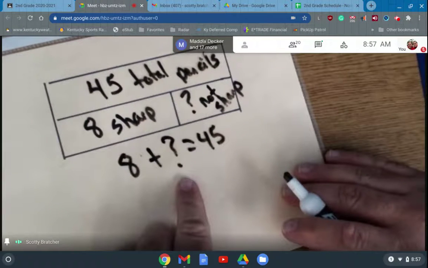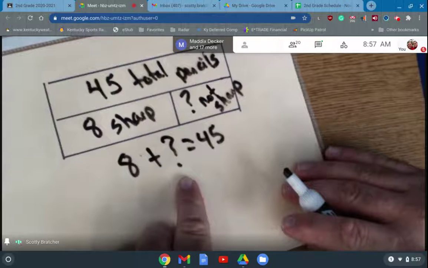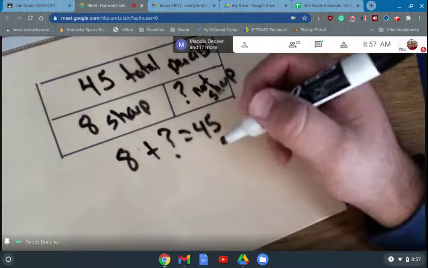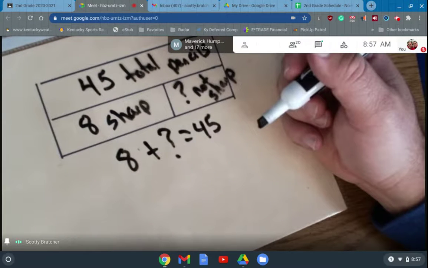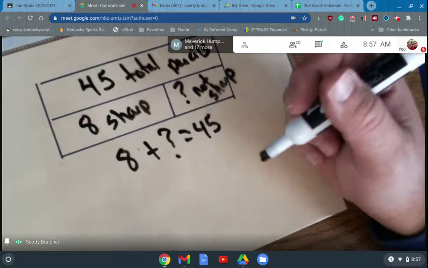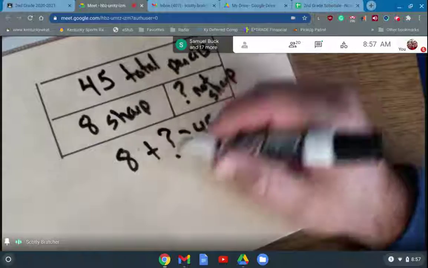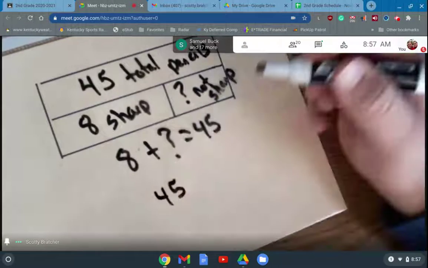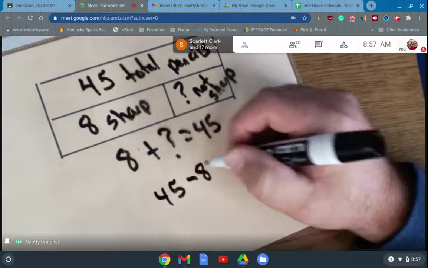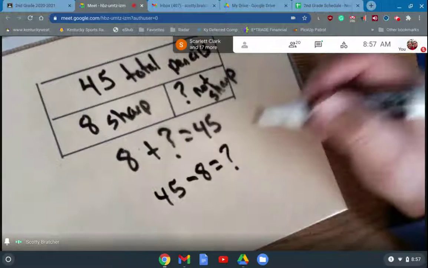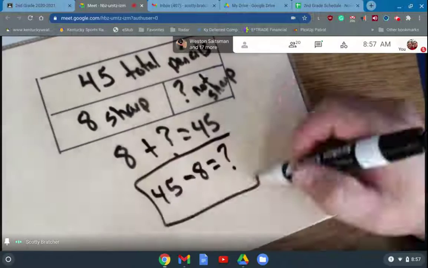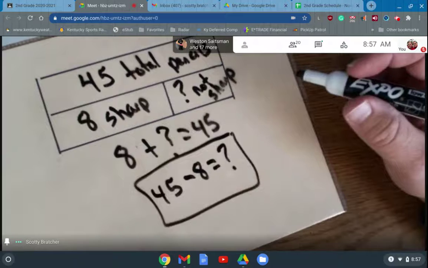We have a missing addend problem again. All right? A missing addend problem always turns into a subtraction problem. Subtraction problems, we always start with the biggest number first. We subtract what I do know. It'll give me what I don't know. And there's the problem I would have to answer.